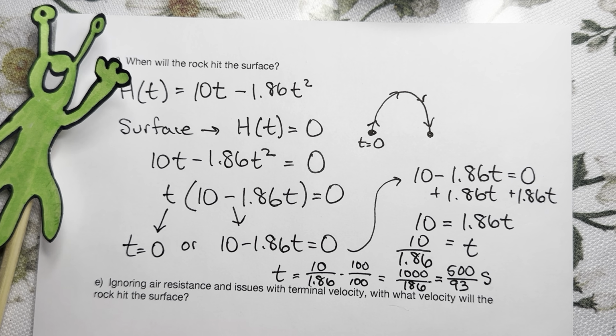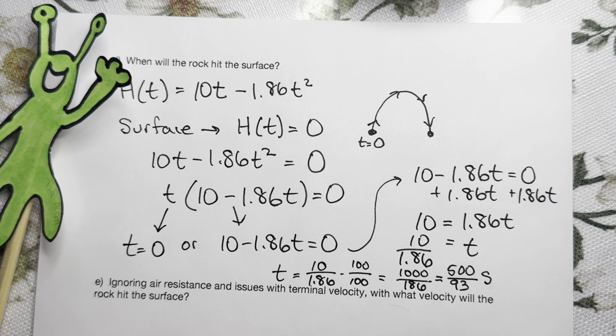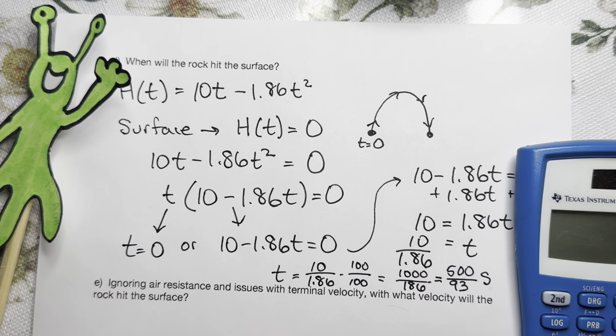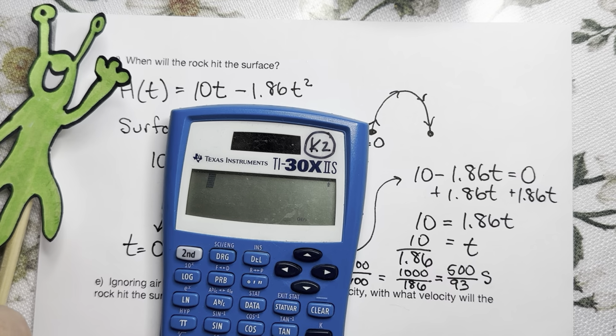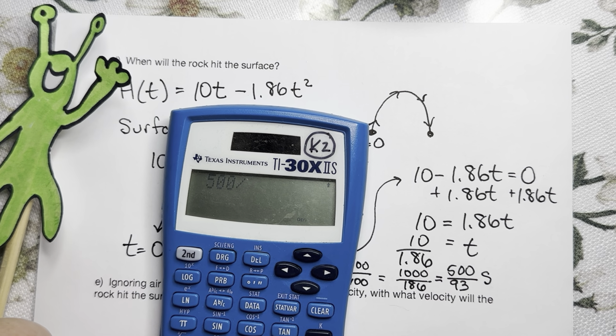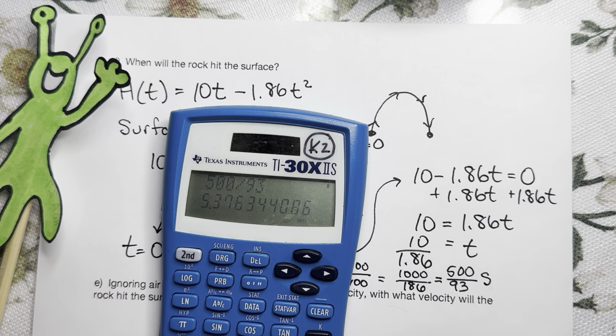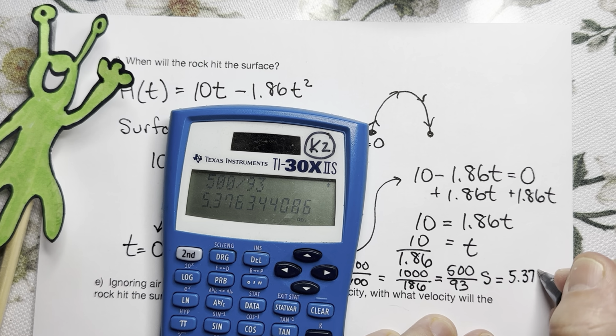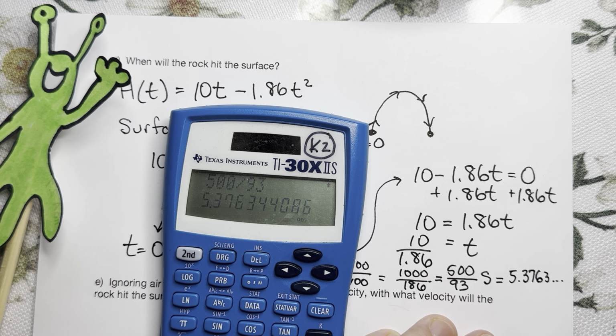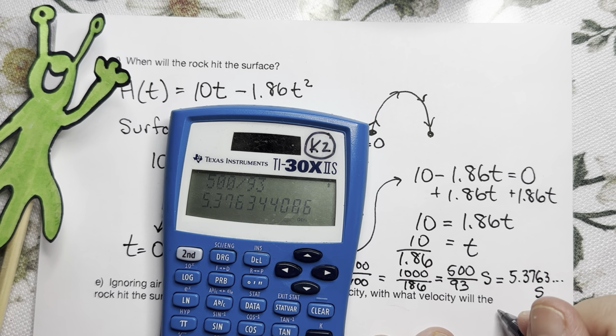But then the humans show up and they're like, what does that really mean? Is that like 5 seconds, 6 seconds? What is that? So I'm going to bring in my calculator, and 500 divided by 93 gives us 5.3763 some other stuff seconds.